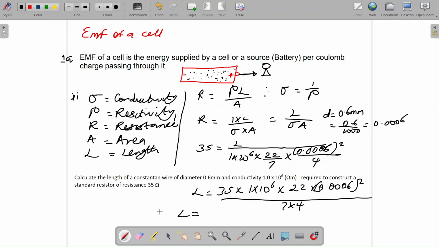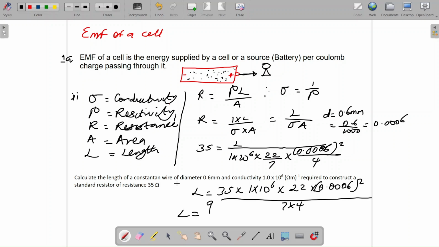So 35 times 10 raised to power 6, times 22 times 0.0006 squared divided by 7 times 4. So we have it to be, am I right? So this is 9.9 meter.